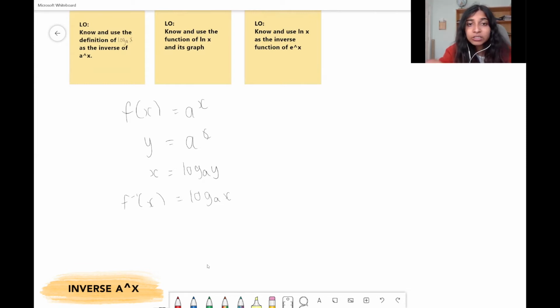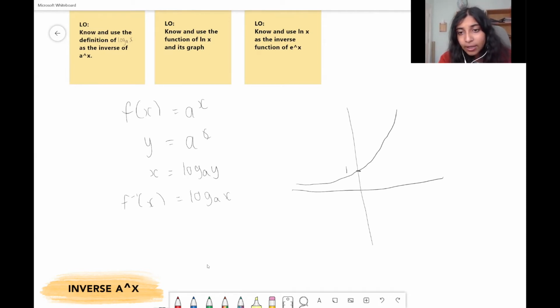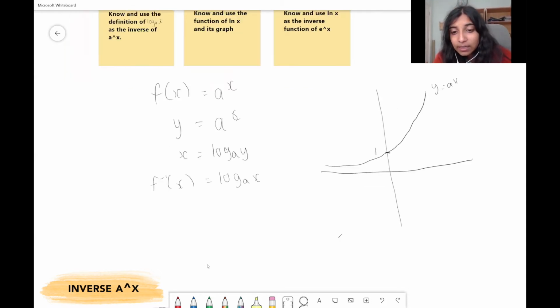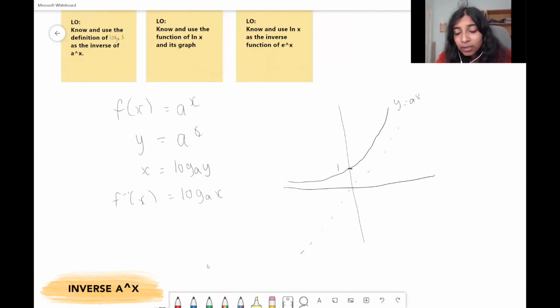Then if we were to draw the graph of this, if you remember, y equals a to the x looks like this, going across 1. So this is y equals a to the power of x. Remember, in order to draw the inverse of a function, you just reflect it in the line y equals x.